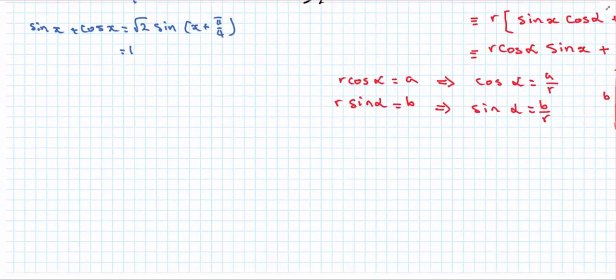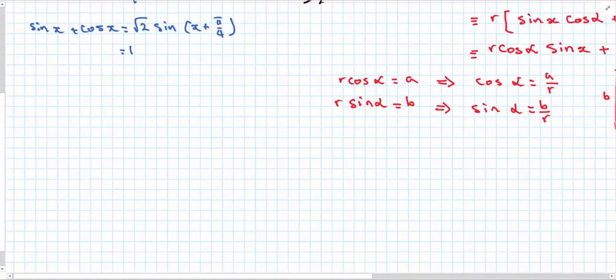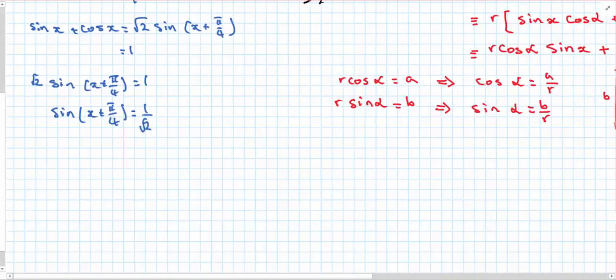So instead of solving sine x plus cos x equal to 1, we are going to solve root 2 sine x plus pi on 4 equaling 1, resulting in sine x plus pi on 4 equaling 1 on root 2. Again, I need to look at my domain and the quadrants.